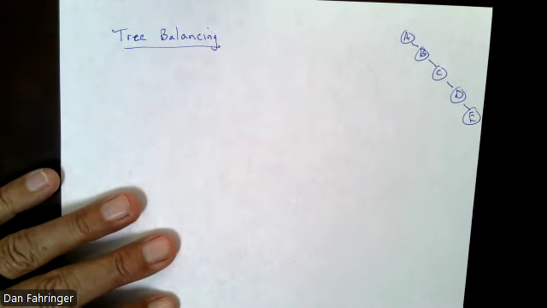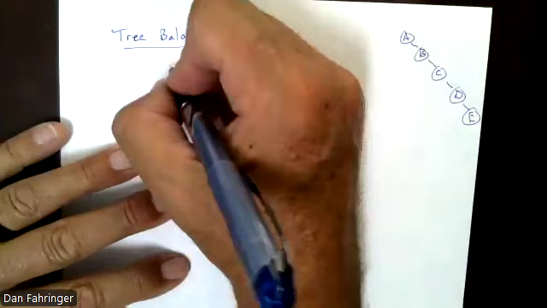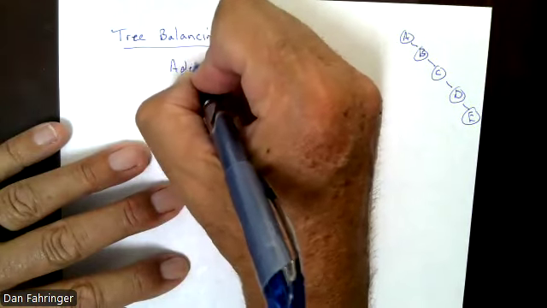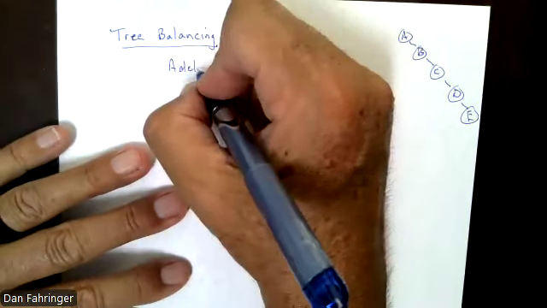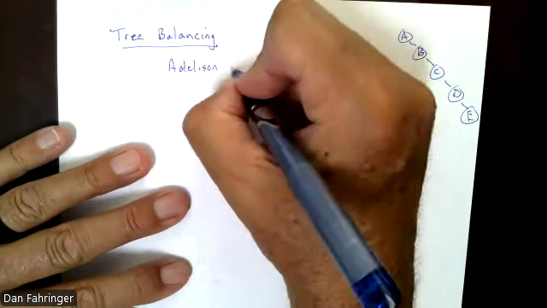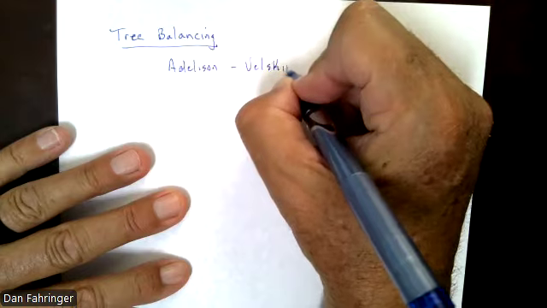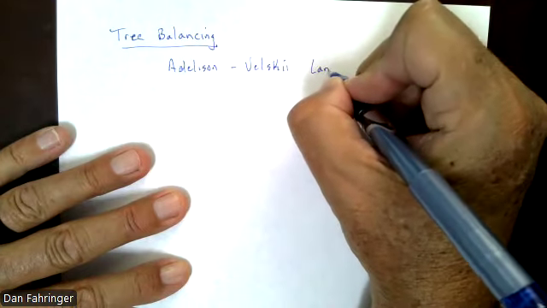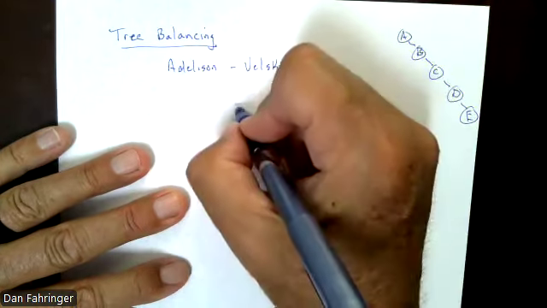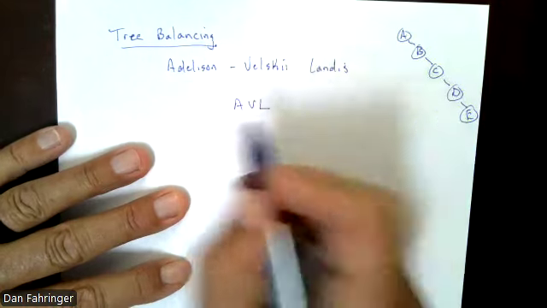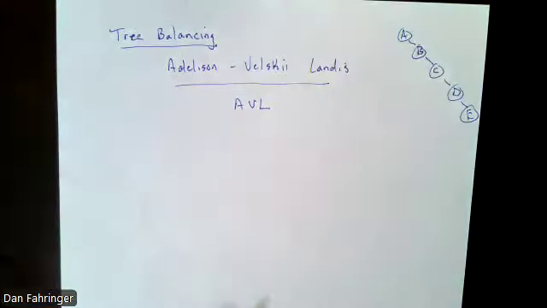We don't like it. Well, these two guys, Adelson-Velsky and Landis, came up with this AVL, of course that's their initials, to help us do tree balancing.